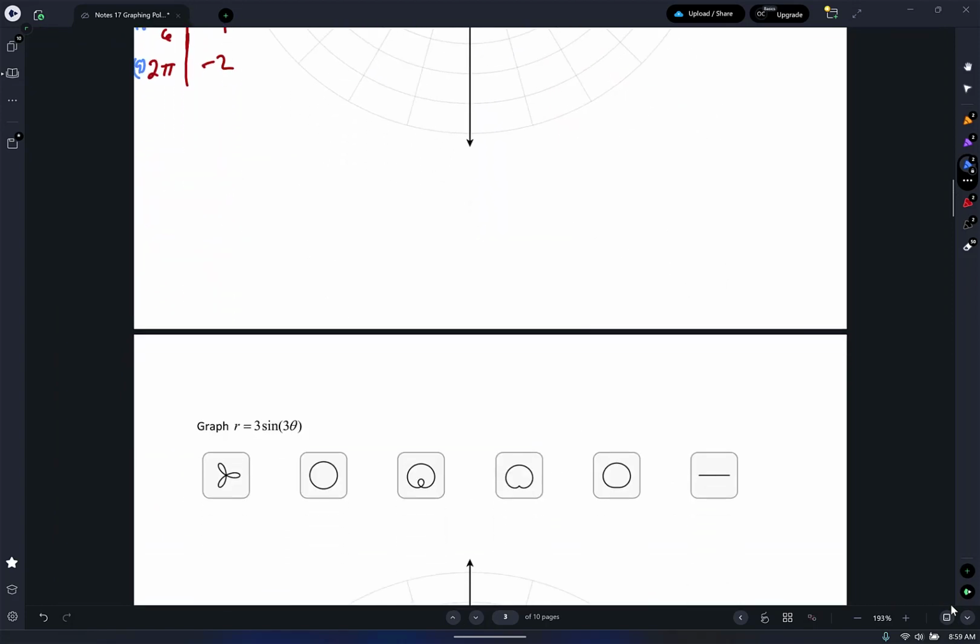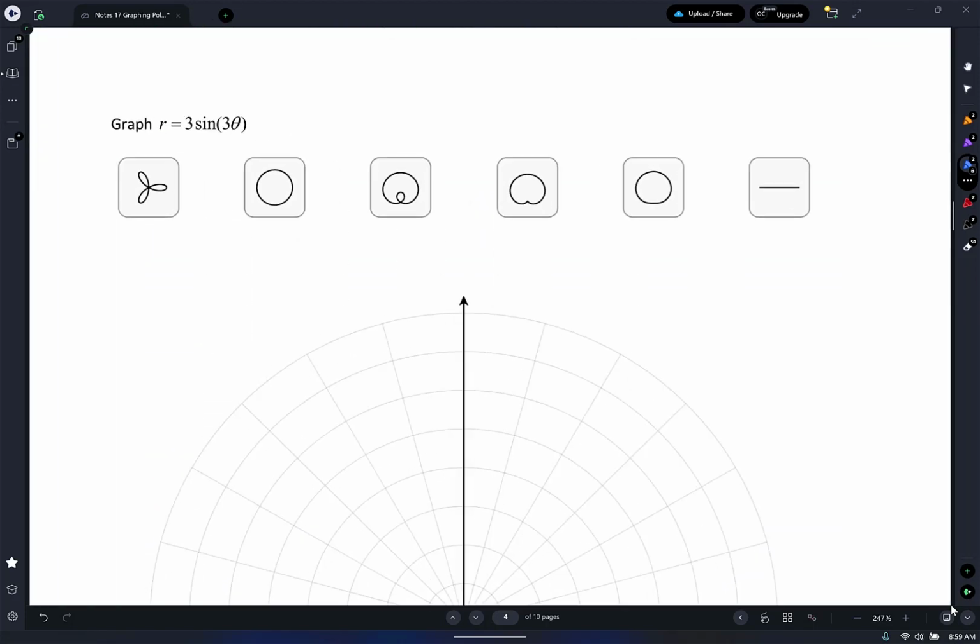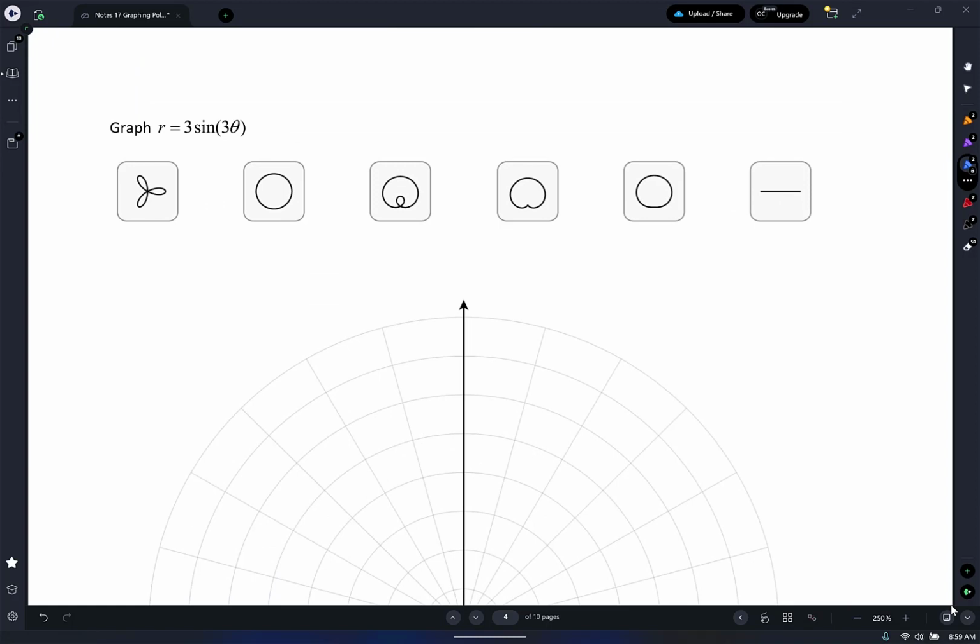All right. This one here is going to create petals. Anytime you, well, you know what? Let's talk about it. So what do we want?